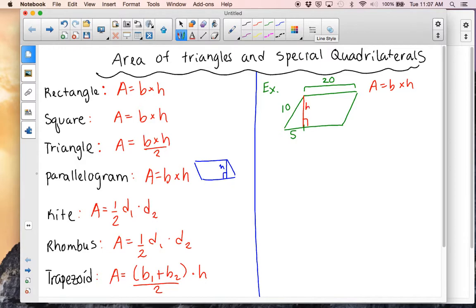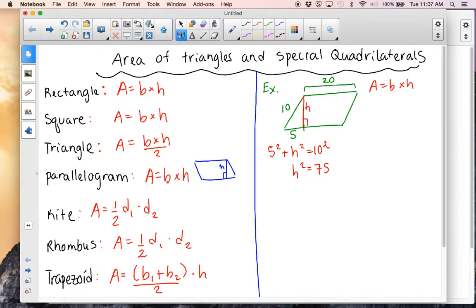But you don't know that, but you can solve for it because this is a right triangle, so you can do Pythagorean theorem. So 5 squared plus your height squared equals 10 squared. So working that out, you get h squared equals 100 minus 25 is 75. And then you're going to square root both sides. Remember, when you square root both sides, you use the plus and the minus.